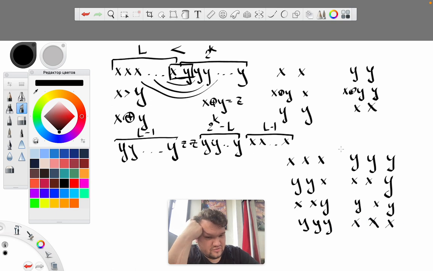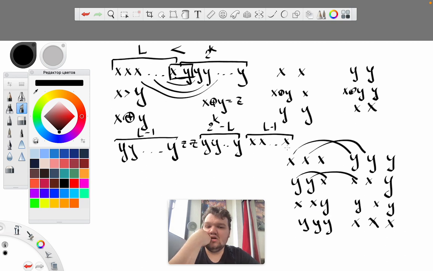Okay, so I can swap triplets actually, like swap this pair and this pair, we'll get this, then swap this pair and this pair, I will get this, and then swap those x's with those y's. Okay, that should be enough.